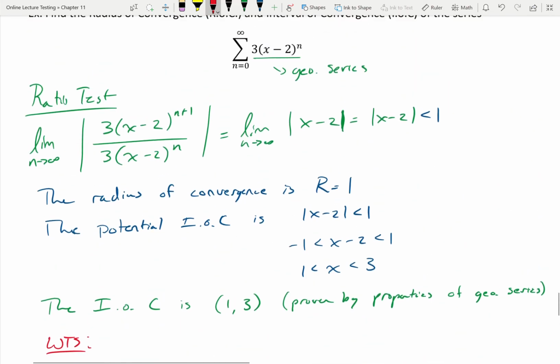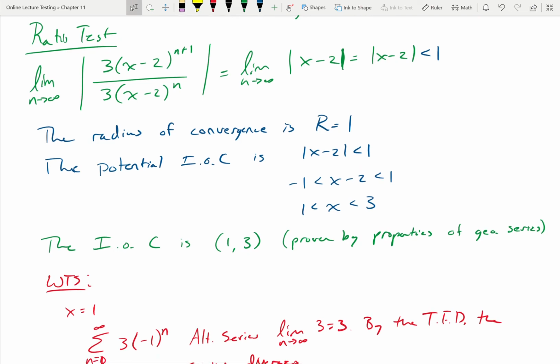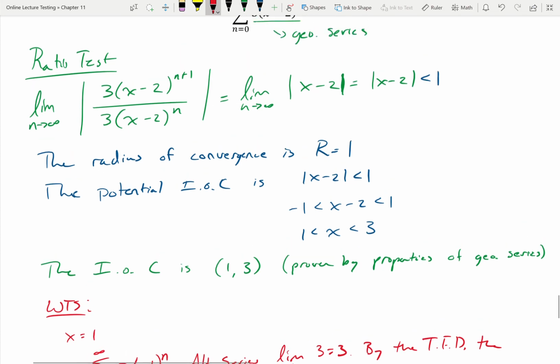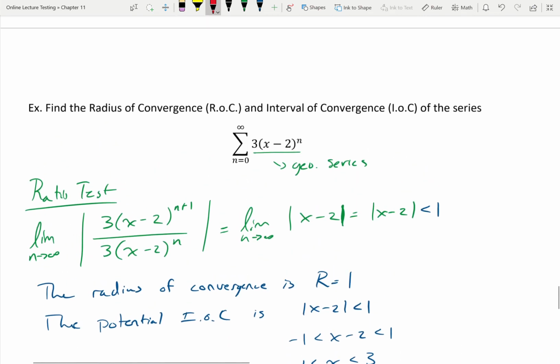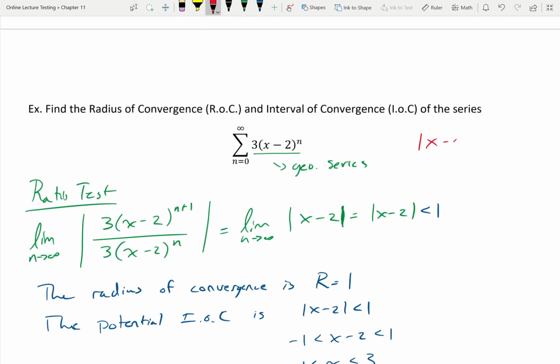So this is an example of, yes, you could prove that this is true using different tests, but because it was a geometric series, then we could just use the properties. In fact, we didn't even have to use the ratio test to give us the radius of convergence as 1, because we already said that the absolute value of x minus a is less than 1 for geoseries.